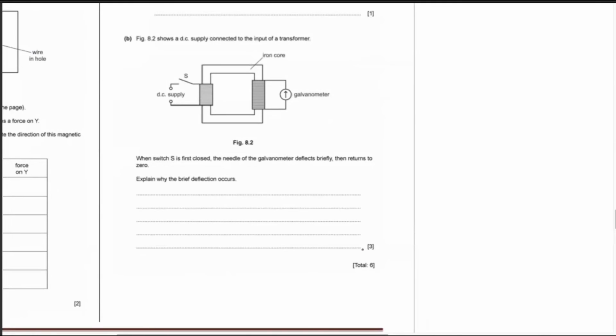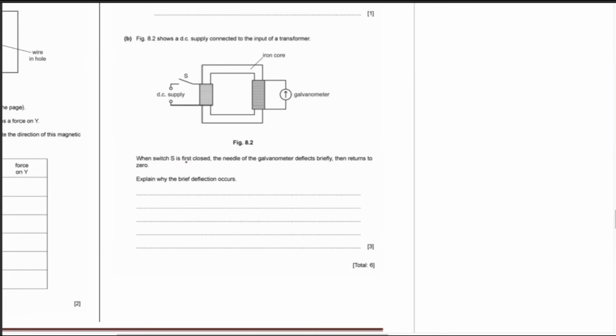So figure 8.2 shows a direct current supply. You see, they are using direct current. Just now I explained we must use alternating current, so direct current doesn't work well. They purposely use direct current, and they want you to explain what will happen.